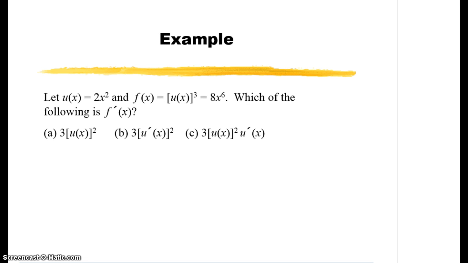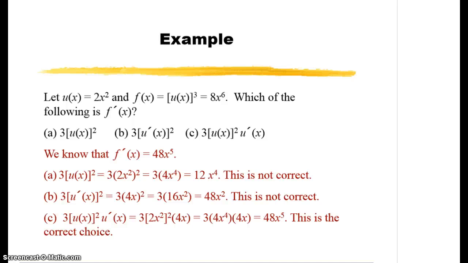Why don't we do it through an example? Let u of x equal 2x squared, and let f of x be the function u of x cubed. When you cube 2x squared, which is our u of x, you end up with 8 times x to the 6th. Which of the following is the derivative f prime? Notice they have those derivatives in terms of u.